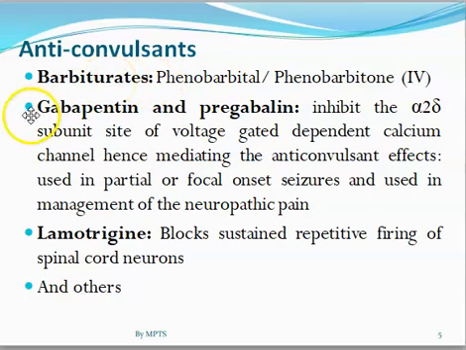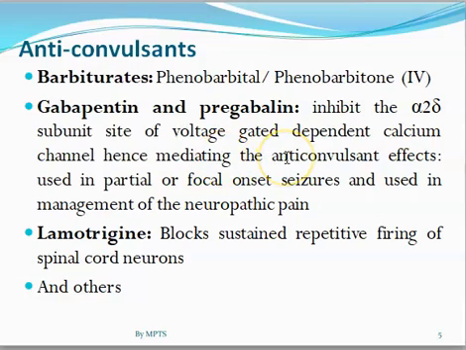Now, gabapentin and pregabalin, these ones, they may sound like GABA, but they do not affect GABA. They have their own mechanism. They inhibit the alpha-2 delta subunit of the voltage-gated calcium channel, and hence mediate the anticonvulsant effect. They inhibit this site on the calcium channel.